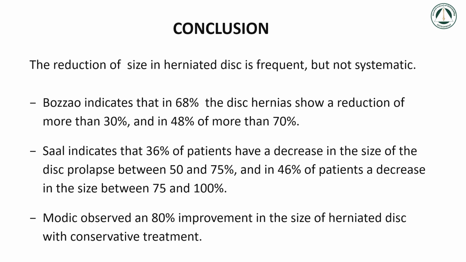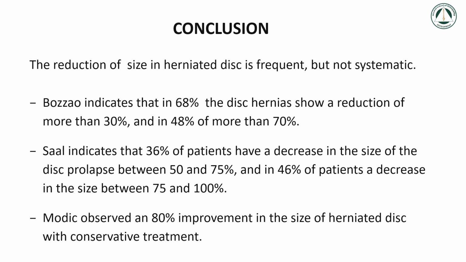The reduction of size in herniated disc is frequent, but not systematic. One study indicates that in 68% disc hernias show a reduction of more than 30%, and in 48% it is more than 70%.